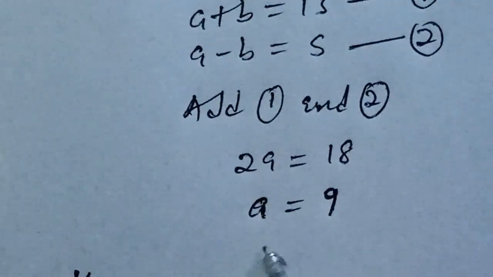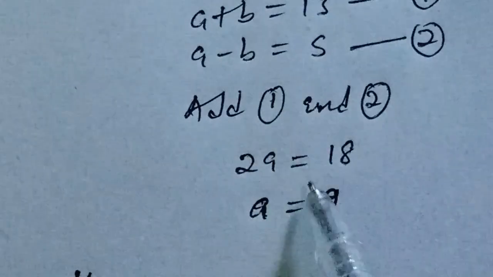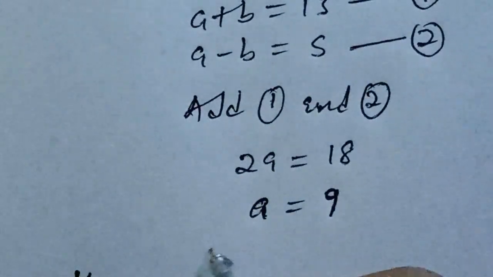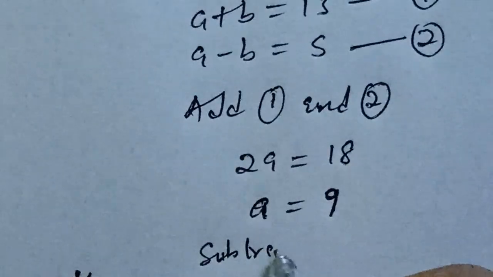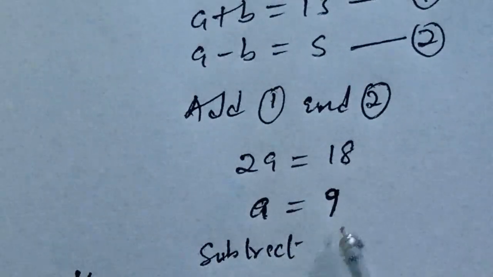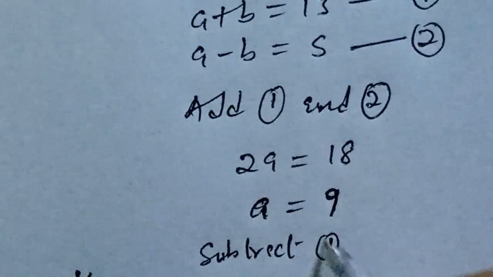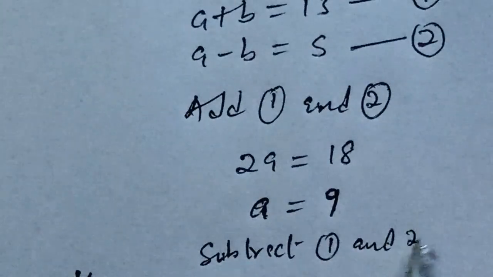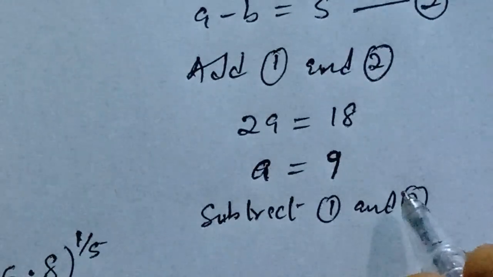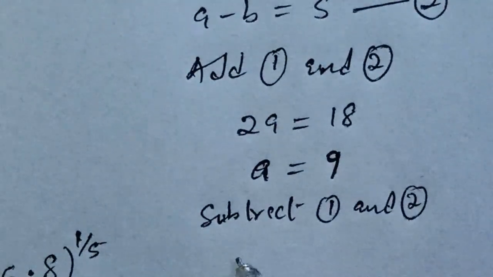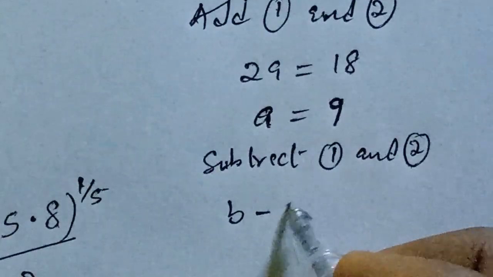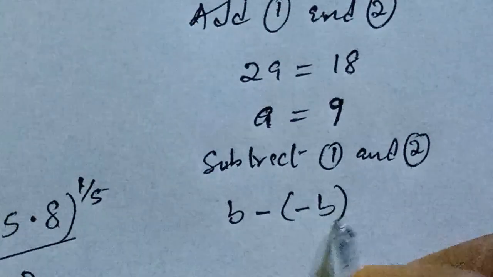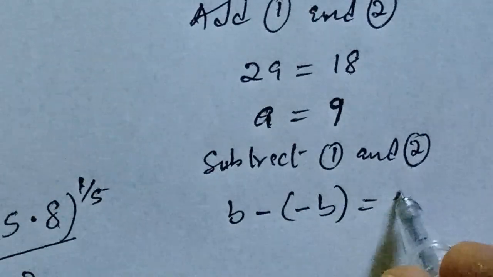In the same way, we approach to get b, so we also subtract equation 1 from equation 2. So that becomes b minus, into brackets, minus b equal to 8.